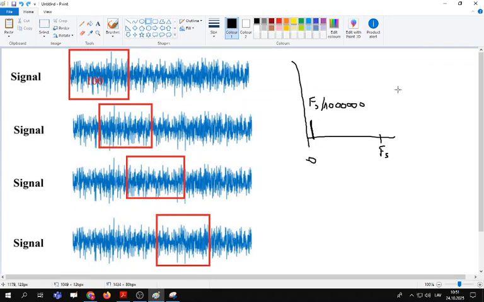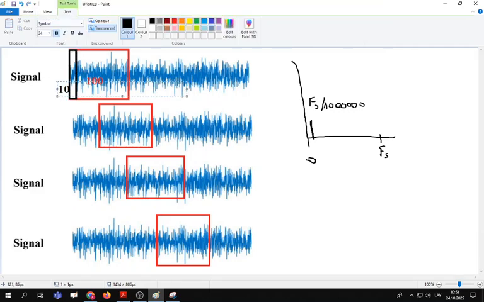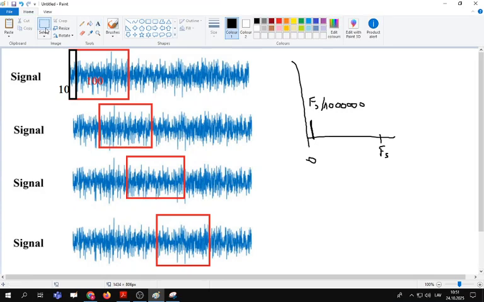If it's very important for you to detect a particular frequency as soon as possible, then you want to make this fragment very small, not 100, but 10, for example. Unfortunately, that means you will have to deal with a frequency step of f sampling divided by 10.